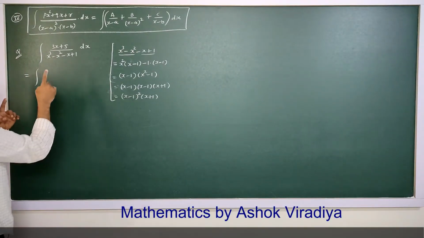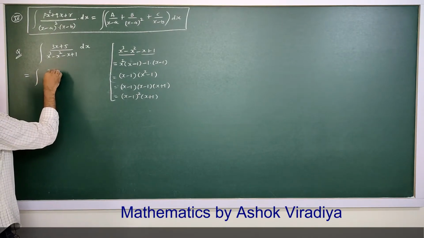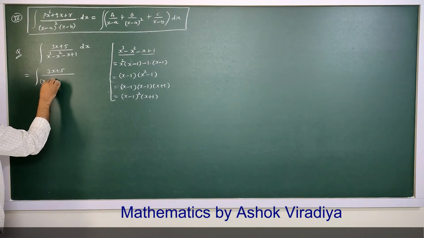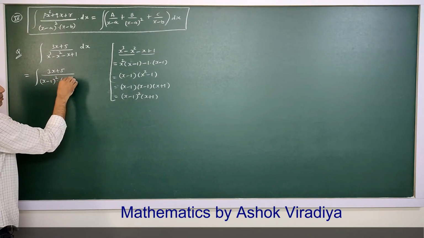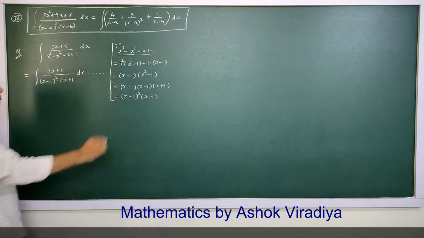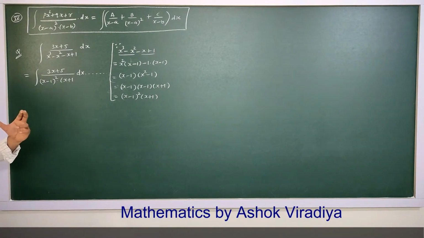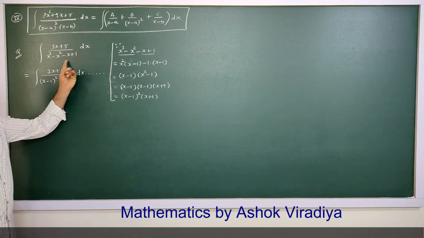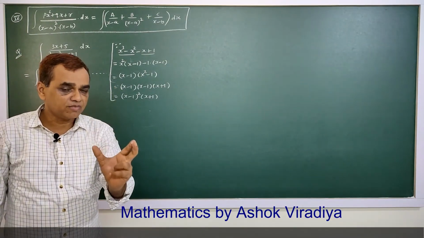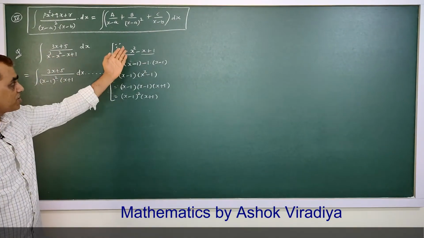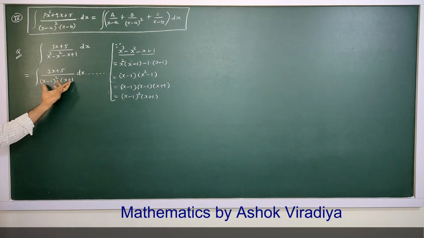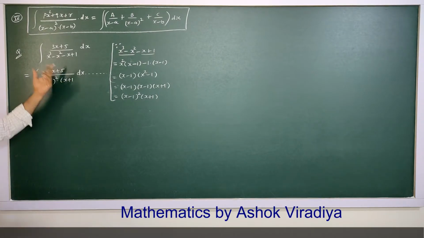So now we put the factors in the denominator. So the denominator is x minus 1 whole square into x plus 1 dx. The reason for this step is here. Sometimes in a given denominator, if a polynomial is not in factorized form, and if a factorization is possible, get the factors, put the factors, then you will be able to see the pattern.